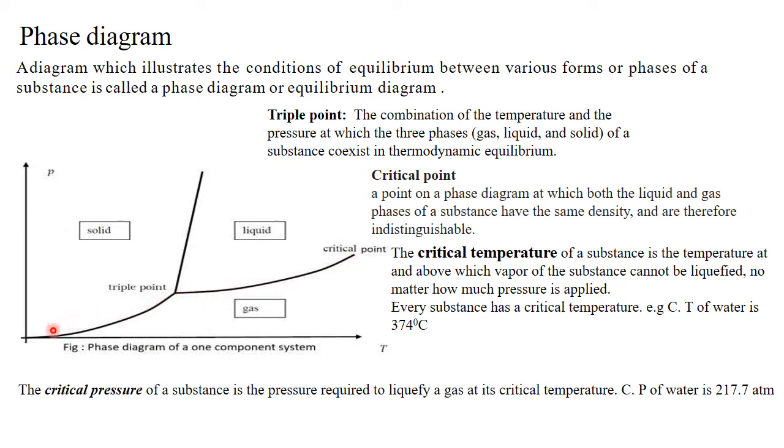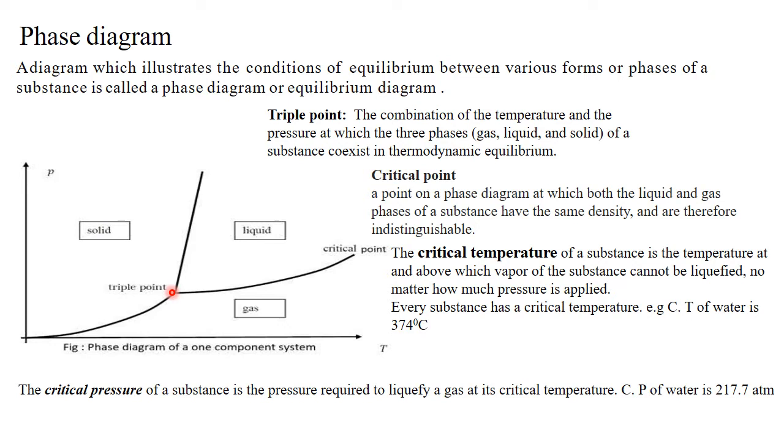This side shows the solid phase, this shows the liquid phase, and this is the line which is separating the liquid from the solid phase. The matter on this line is in equilibrium. There is equilibrium between liquid and solid phase over this line. This area shows the liquid state of the matter and this area shows the gaseous state of the matter.